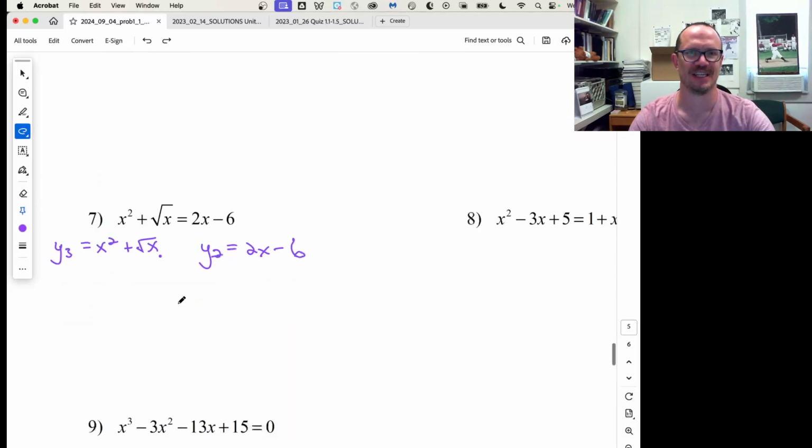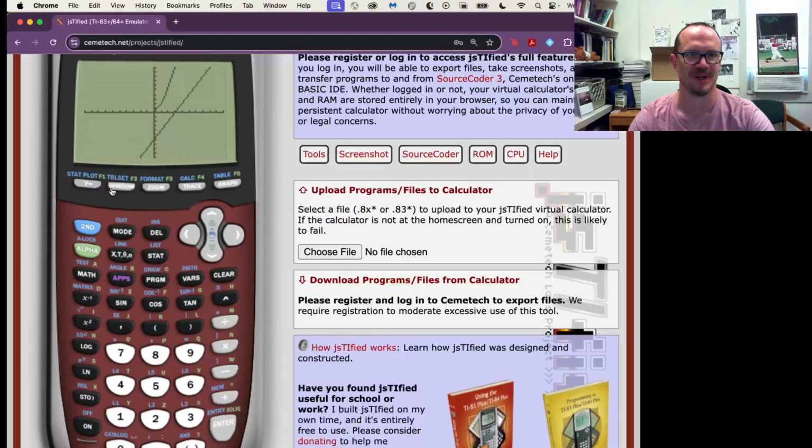Find their points of intersection. Maybe there's no point of intersection for this one. I would make this a bad example. Oh yes, that's not going to have an intersection. Let's zoom out just to be sure. Yeah, they're never going to intersect.